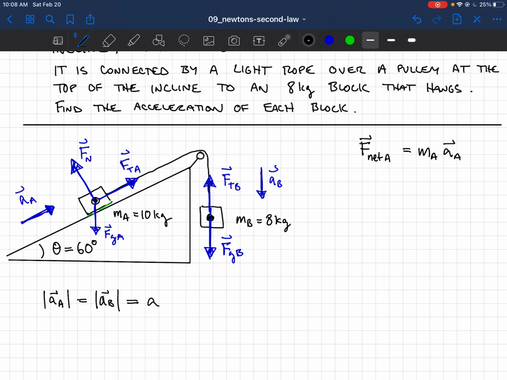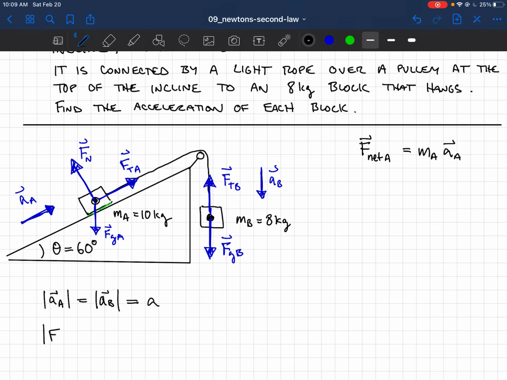If you remember from the previous problem, there's something else we can say, which is about the tensions. This tension force is definitely not the same force vector as this one, but we have a rule that as long as the rope doesn't have much mass and the pulley doesn't have mass or friction, the magnitude of the tension is the same all along the rope.